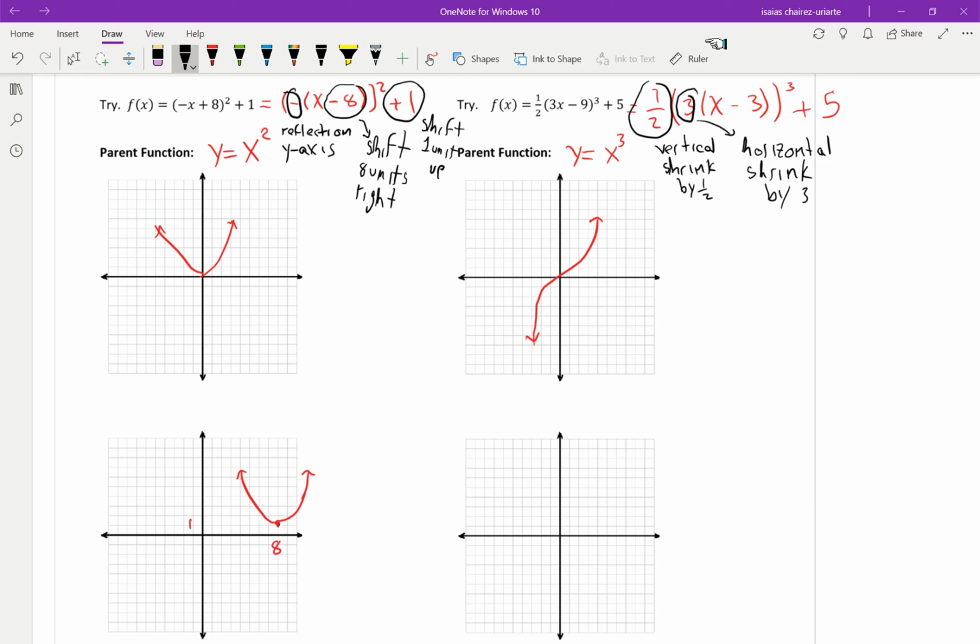Okay, what does this minus 3 do? It's a shift 3 units to the right. That's what that minus 3 does. What does this plus 5 do? This is shift 5 units up.